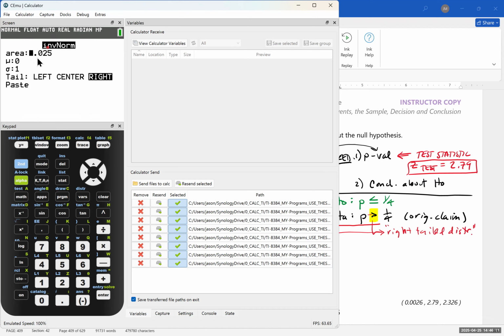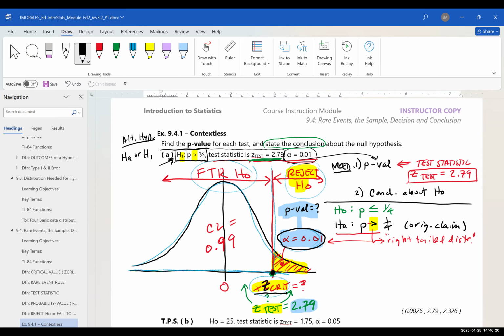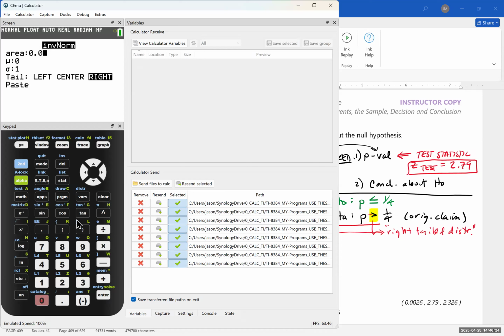Okay, so the area that we've got is going to be an area of 0.01, and that's going to be on the right. So we've got 0.01.